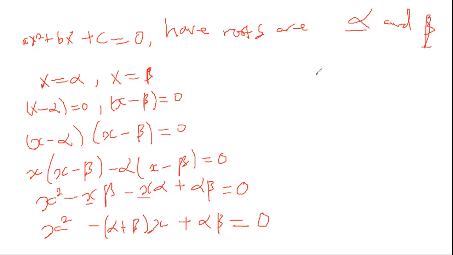Alpha and beta are the roots of the equation. So if I rewrite the equation here: x squared minus alpha plus beta x plus alpha beta is equal to 0.